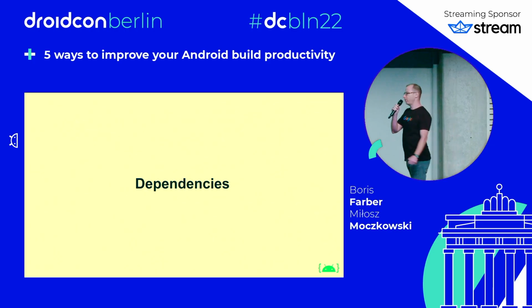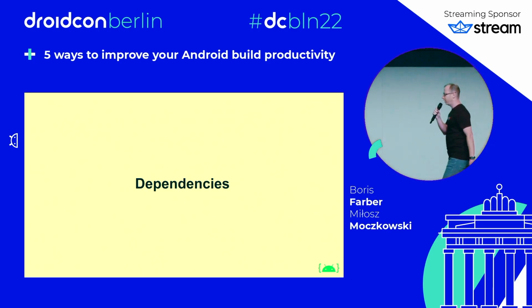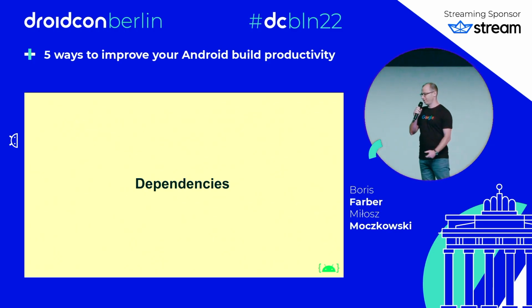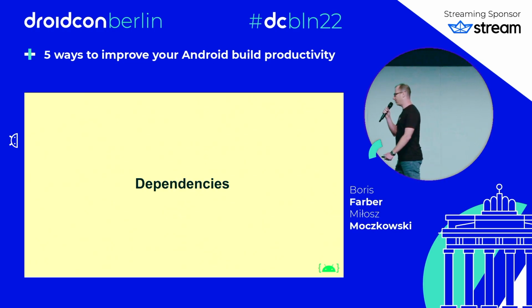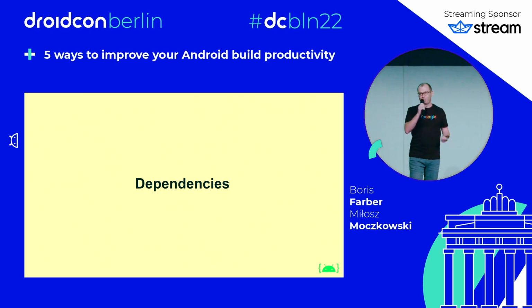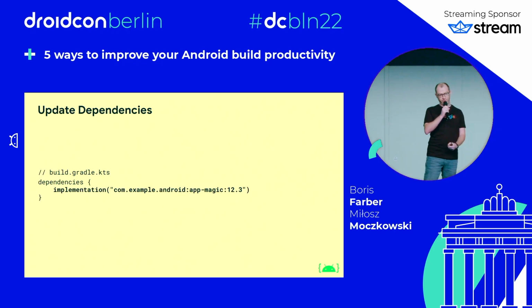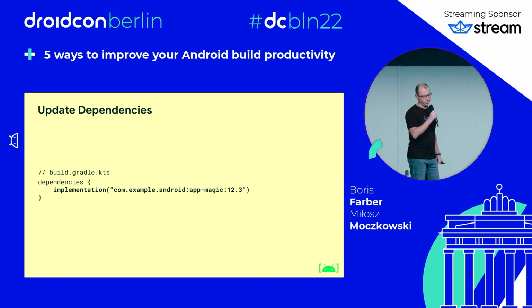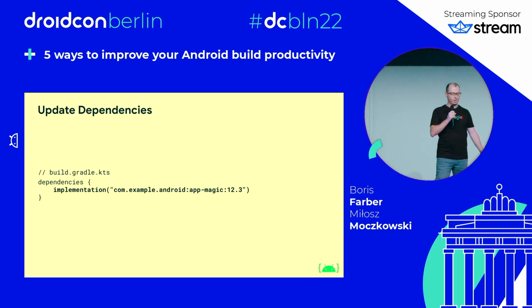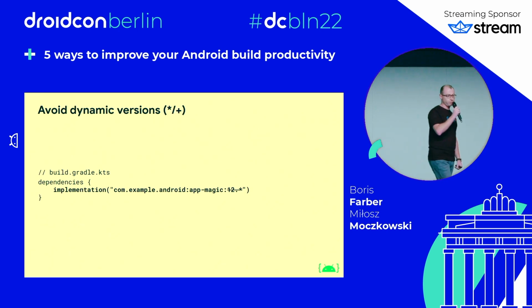Now, as we've done with the tools, it's time to update our dependencies, which are essentially third-party libraries that provide functionality to our app. How to update dependencies? Also pretty easy. We go to build.gradle KTS, under the implementation block, and we update to the relevant version. Important to note: please avoid dynamic versions.